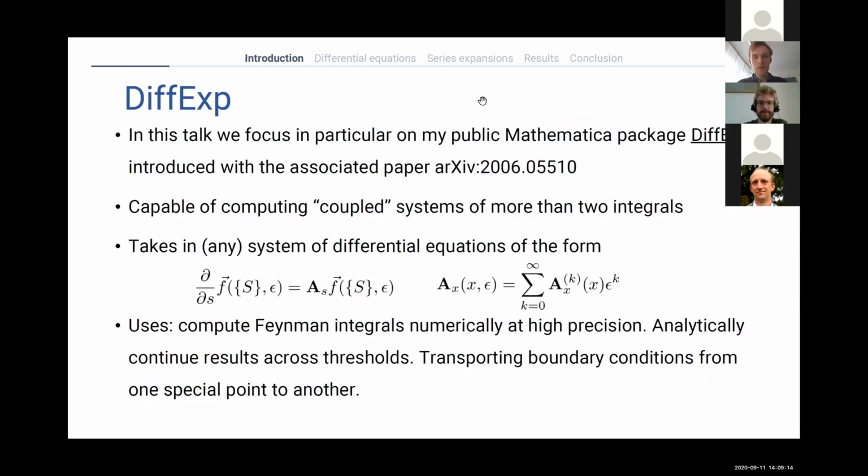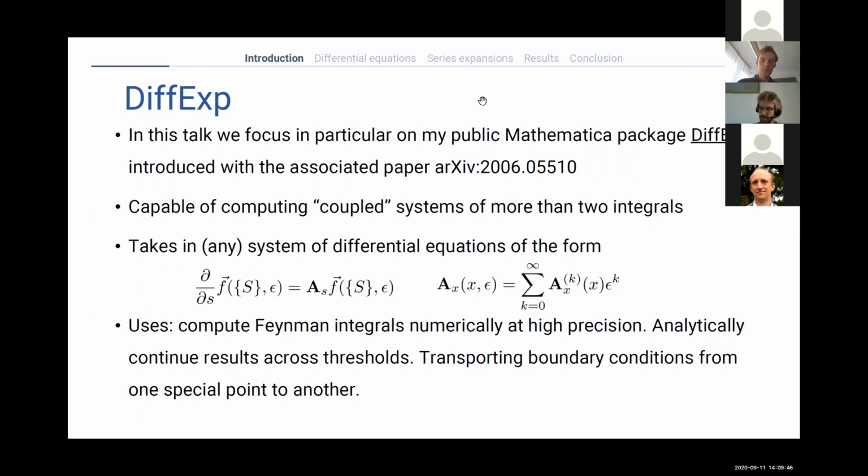So, to move on. Before, all the codes that were dealing with series expansions have so far been kind of private and problem tailored. And so this package DiffExp, which I recently released, the idea is that it allows you to take in any system of differential equations that comes from some dimensionally regulated Feynman integrals, and in principle you can solve the differential equations in terms of series.